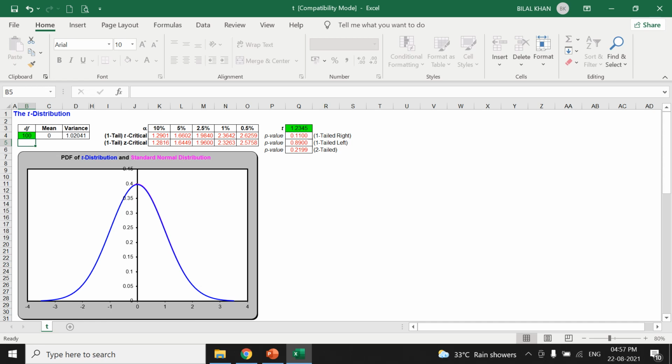So that's the advantage of softwares such as SPSS and many advanced softwares. If the sample size is more, they will use the Z value. Even if we were to use a sample size of 100, the T value and the Z value would more or less be the same. So as soon as the sample size becomes more than 30, the T and the Z values become similar.